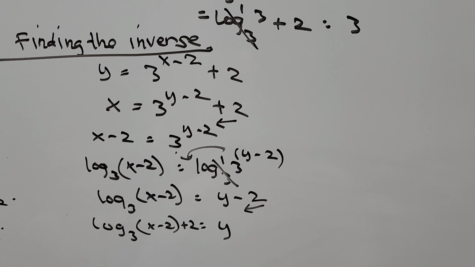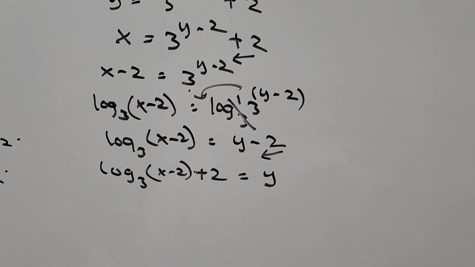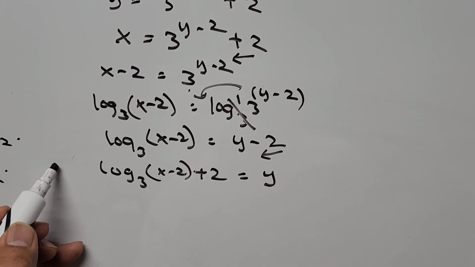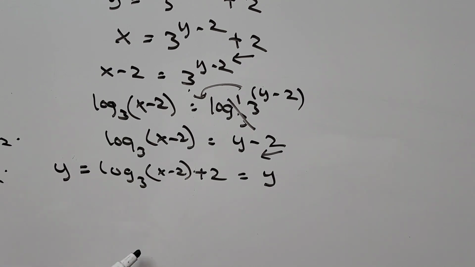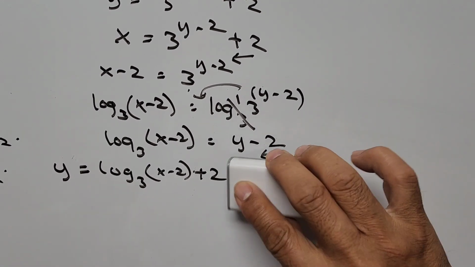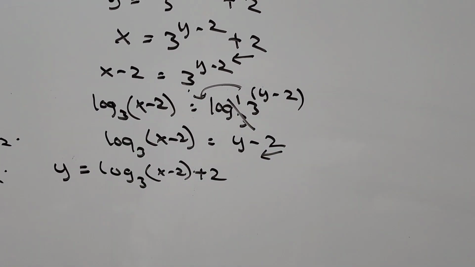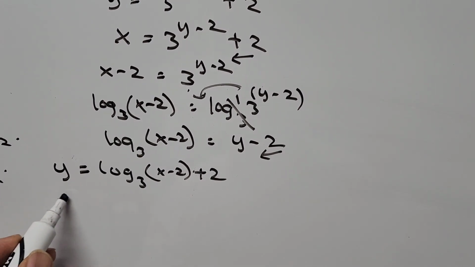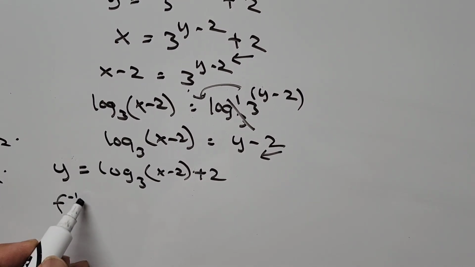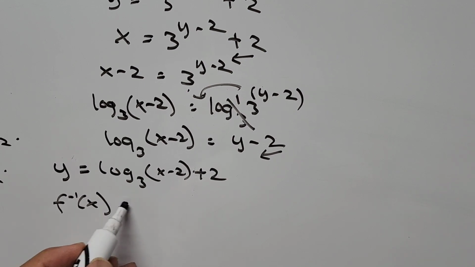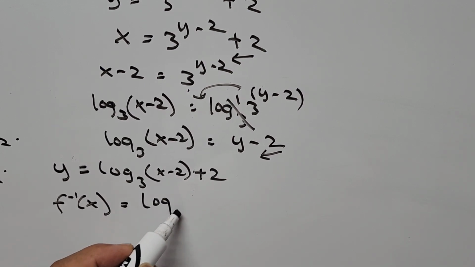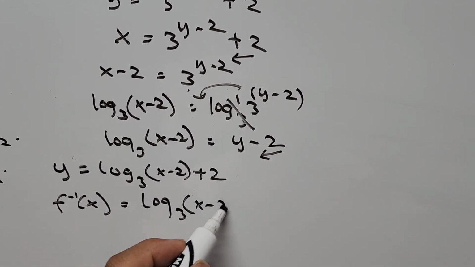Let's put y to the left, the same way, with an equal sign right there. So this is now the inverse function from up above. It's equal to log base 3 of x minus 2, plus 2.